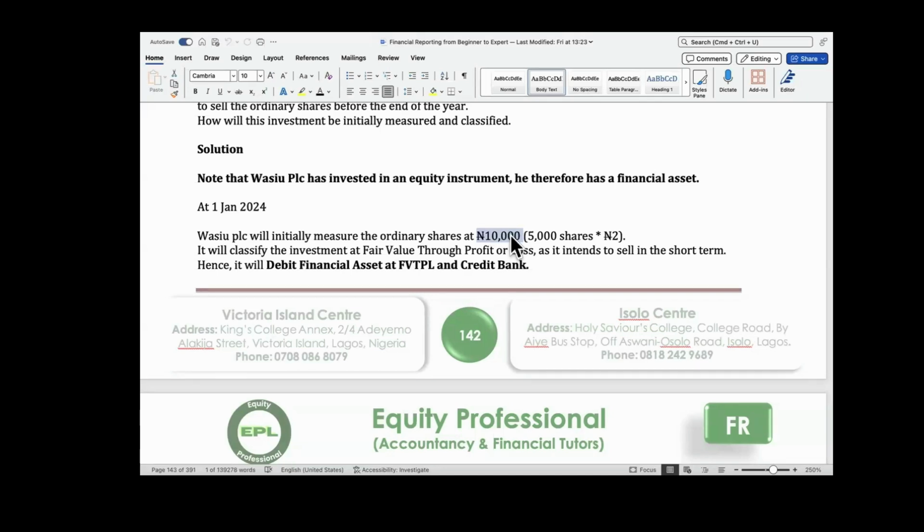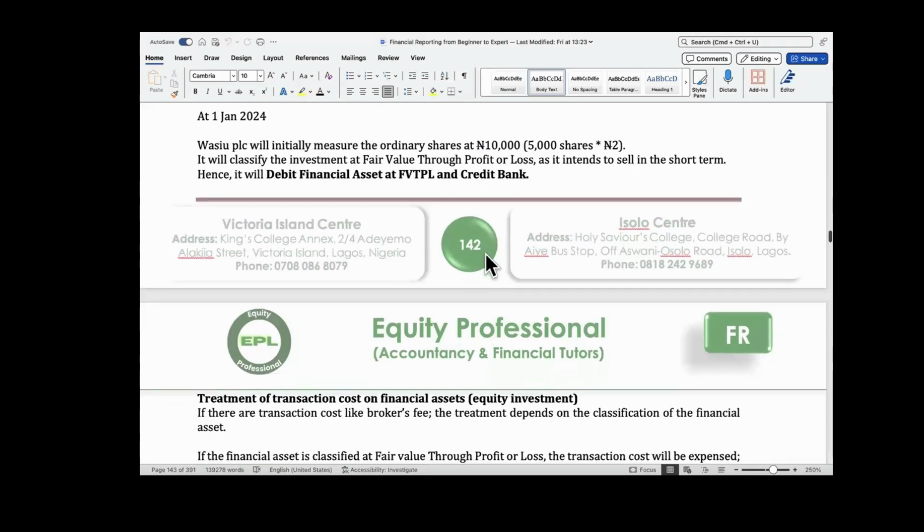Not OCI, to the financial asset account. Capitalizing means you add it to the asset. So the value will now be 10,200 naira. Yes. Thank you, sir.